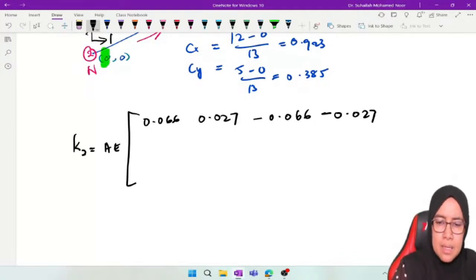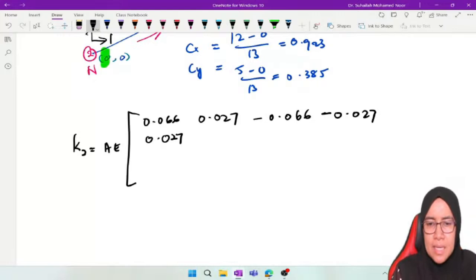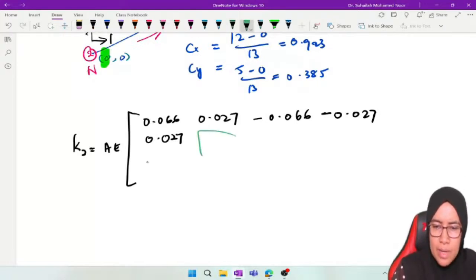And then because it is symmetry, we get 0.027.